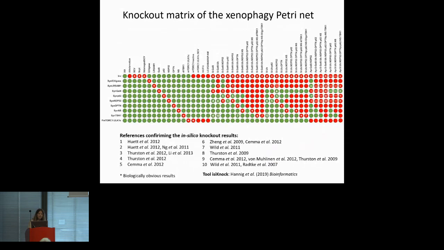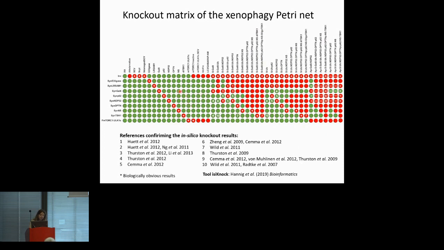So, and that is a whole knockout matrix of our xenophagy Petri net. And maybe you can see that we have here some numbers in the elements of the knockout matrix written, and these numbers indicate the link to papers that experimentally proved that knockout. And that is a second type of validation.